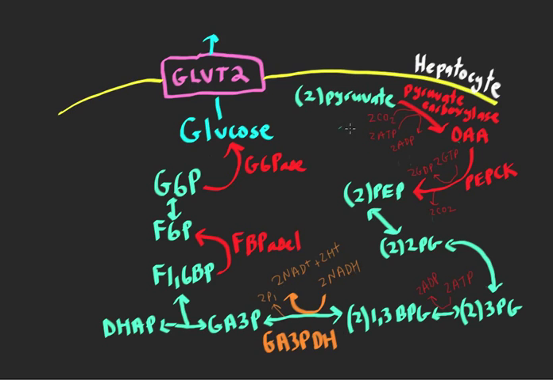So if we start with our 2 pyruvate, we need to carboxylate it with pyruvate carboxylase and make oxaloacetate, and that takes ATP. The reason we have 2 ATP shown here is that we have 2 pyruvate molecules.